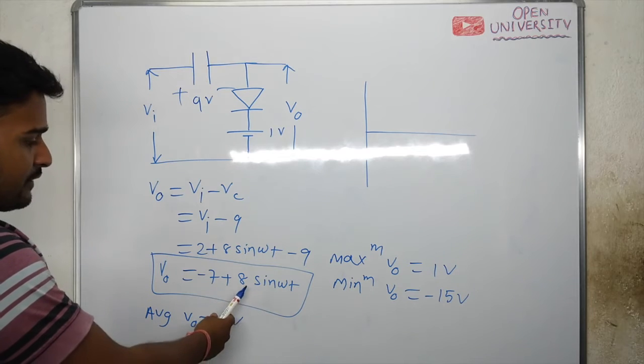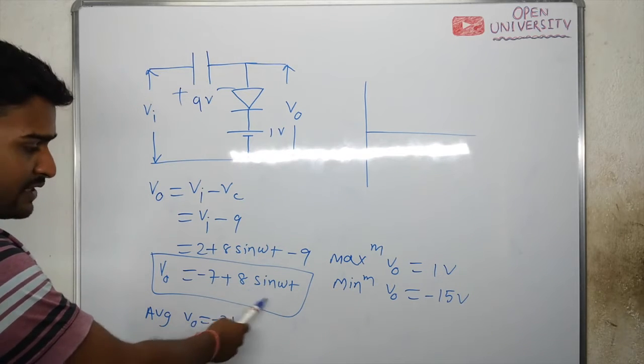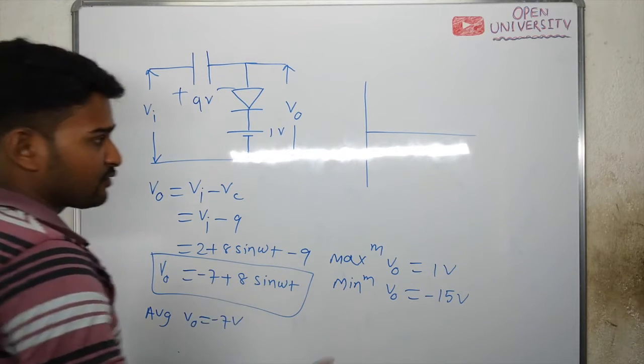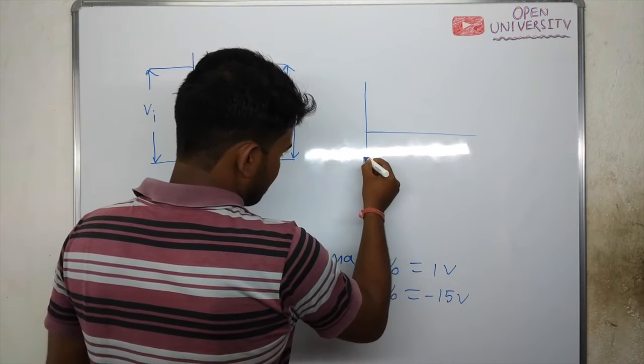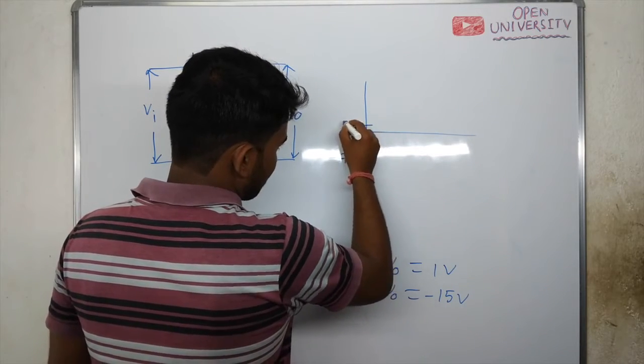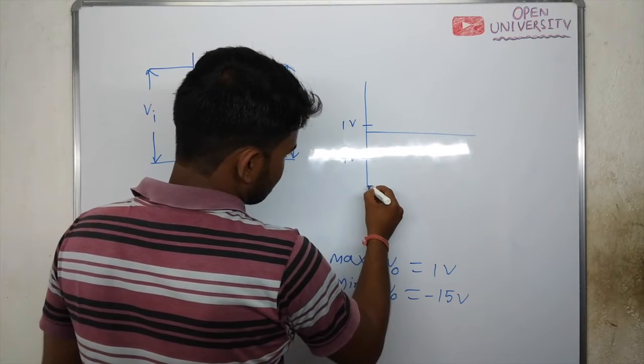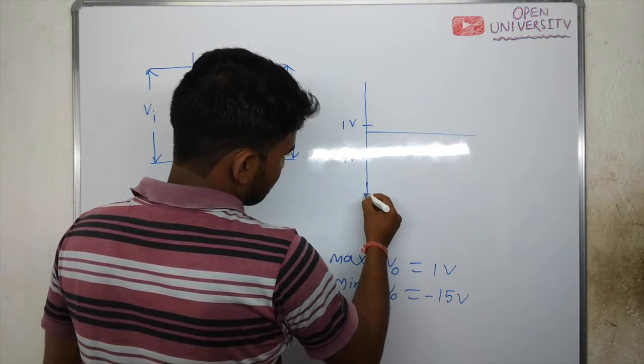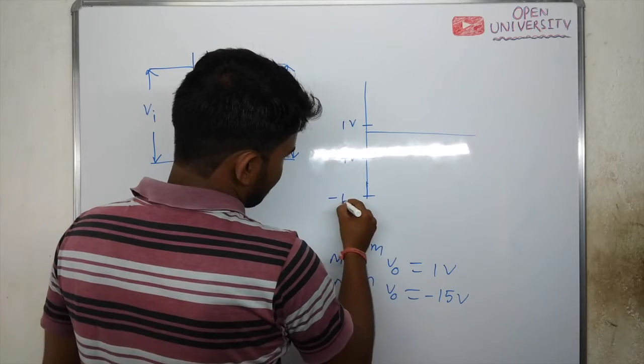And when this sinusoidal becomes 0, 0 plus minus 7, it will be minus 7. So you can plot like this. This is minus 7 volt, this is your 1 volt, and this is your minus 15 volt.